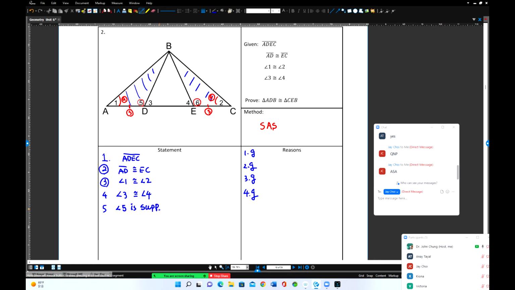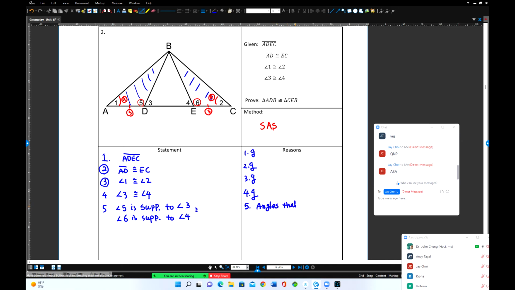That means supplementary to angle 3. And also angle 6 is supplementary to angle 4, isn't it? These two angles are congruent. We know that supplements are also congruent. You have to memorize this one.